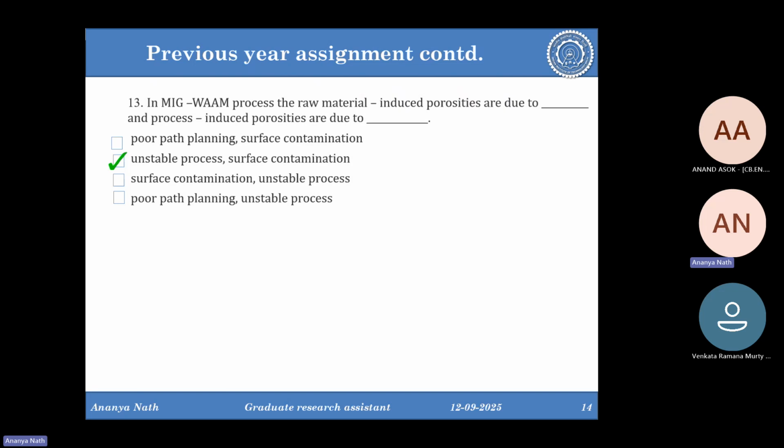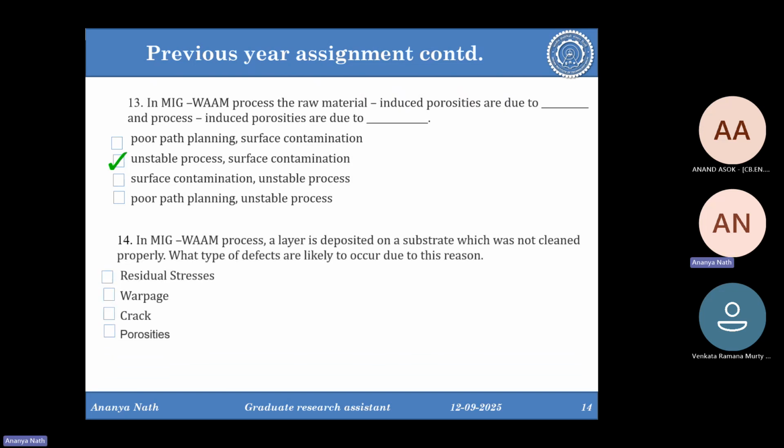It can be gas entrapment as well, or the high heat input can make the melt pool unstable. In MIG-WAM process, a layer is deposited on a substrate which was not cleaned properly. The defect likely to happen is residual stress, because there will be inclusions or foreign particles that can take away the heat and create defects in the part.